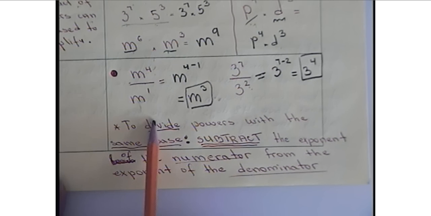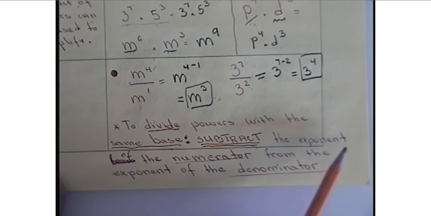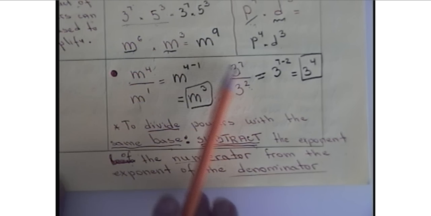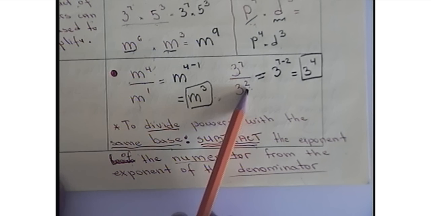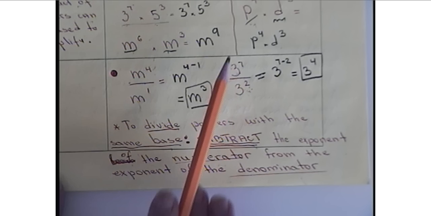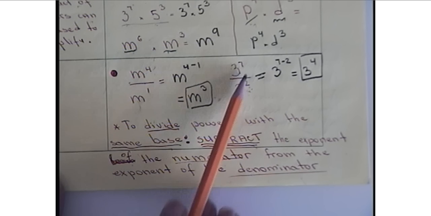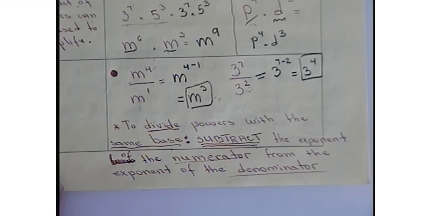To divide powers with the same base, subtract the exponent of the numerator, the top number, from the exponent of the denominator, the bottom one. That's why I said always start with the top, 7, and then minus 2 in this case.